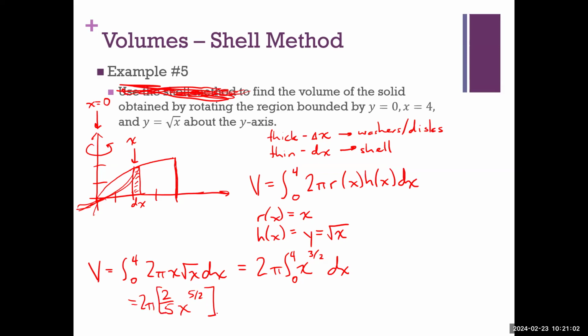What is 4 to the power of 5 over 2? 16? 32. So 2 pi times 2/5 of 32 minus 2/5 of 0. So all told, I should get what? 32 times 4 is 128.